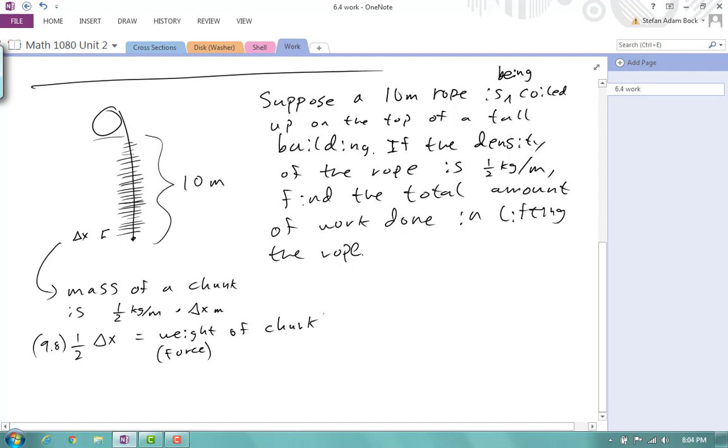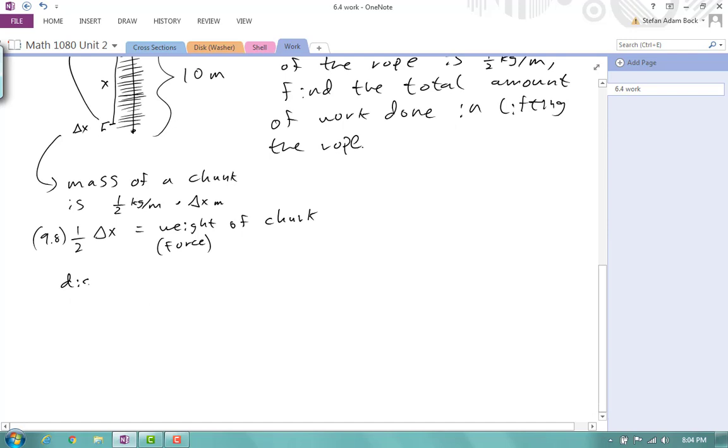and okay, how far do I have to lift this chunk? Well, the distance I have cut the chunk is x, and I have to lift it up by x. So the distance this chunk travels is x.